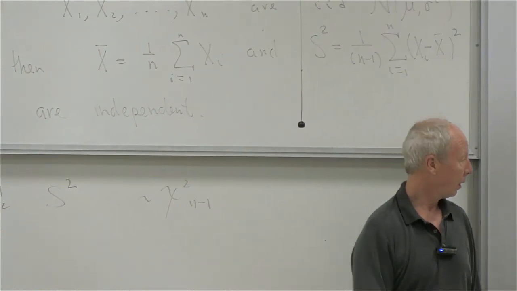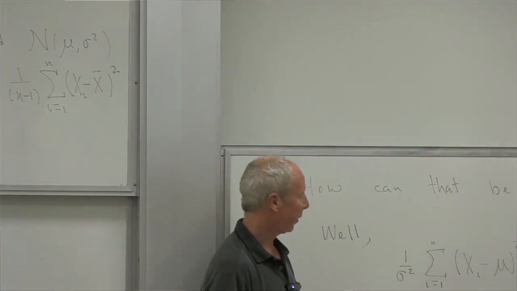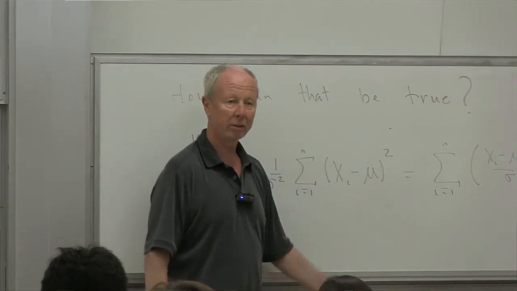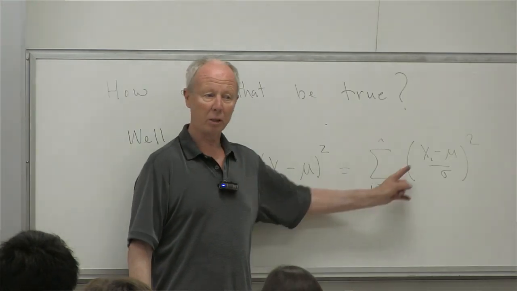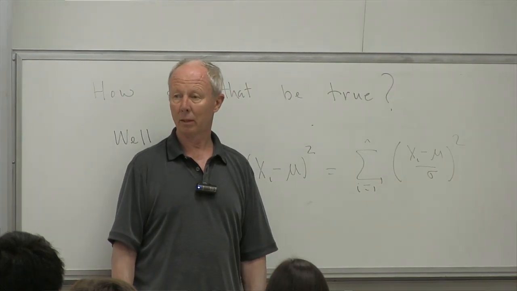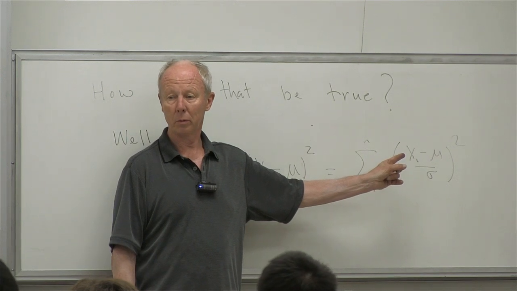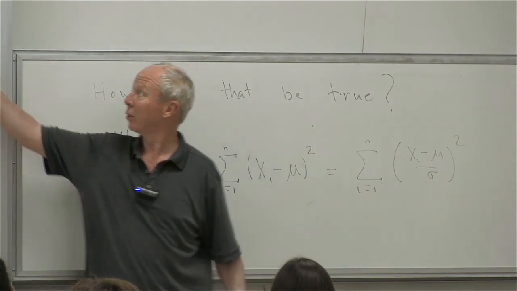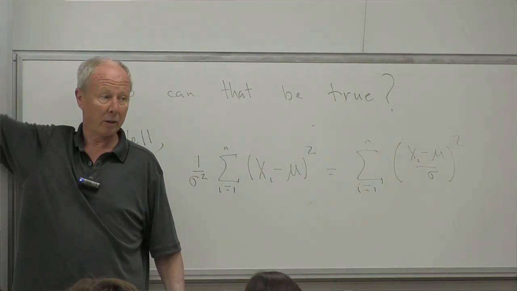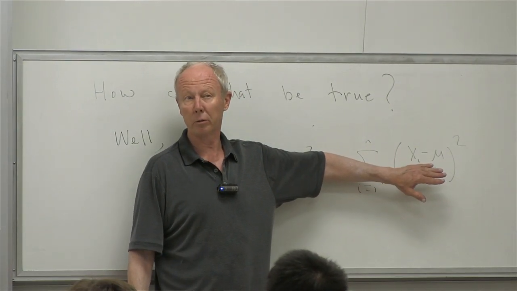What about this random variable here? I have the sum of n things, squares. What's the distribution of each term before I square it? Well, what's the distribution of xi? Mean mu, variance sigma squared. So if I subtract mu, what's the distribution of xi?